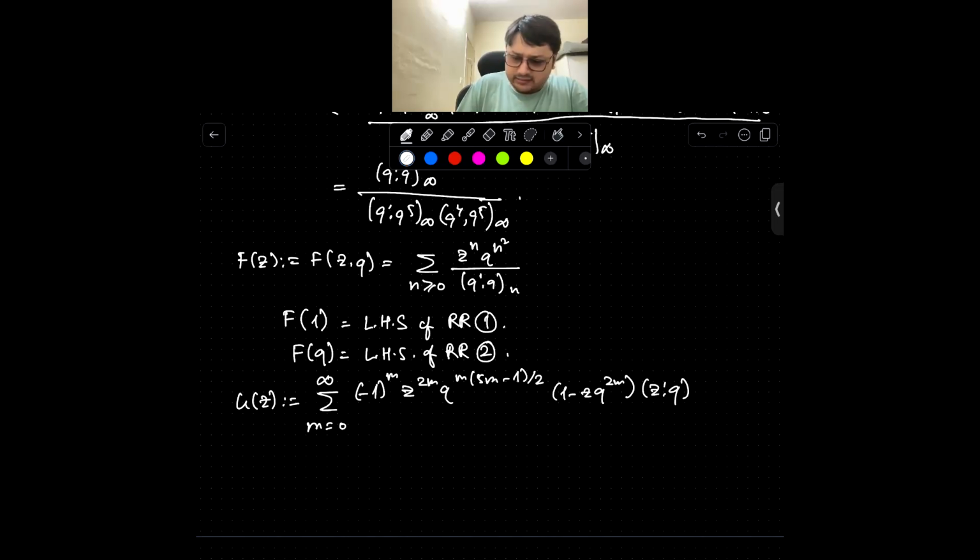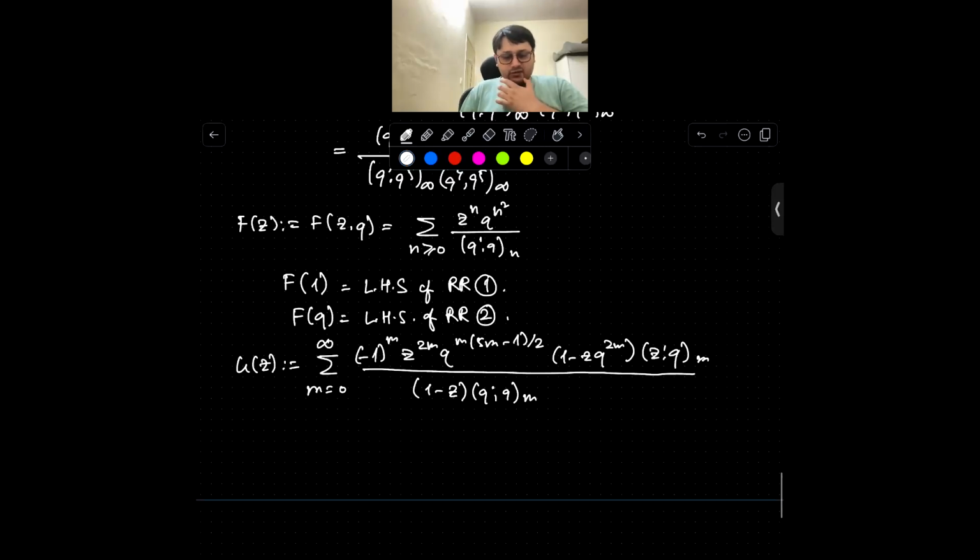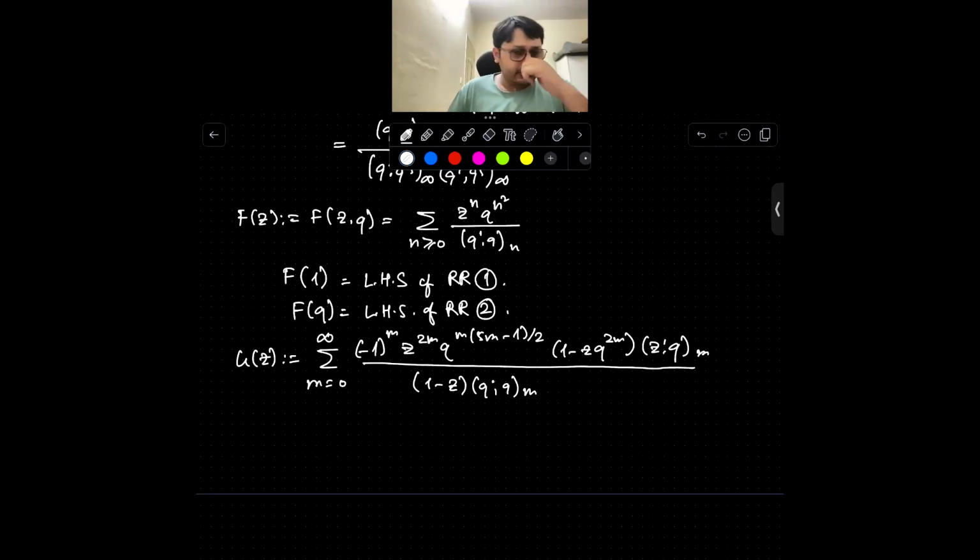So it's very similar to Sylvester's identity. So this is our g(z), and again, this is not only dependent on z, but it's also dependent on q.